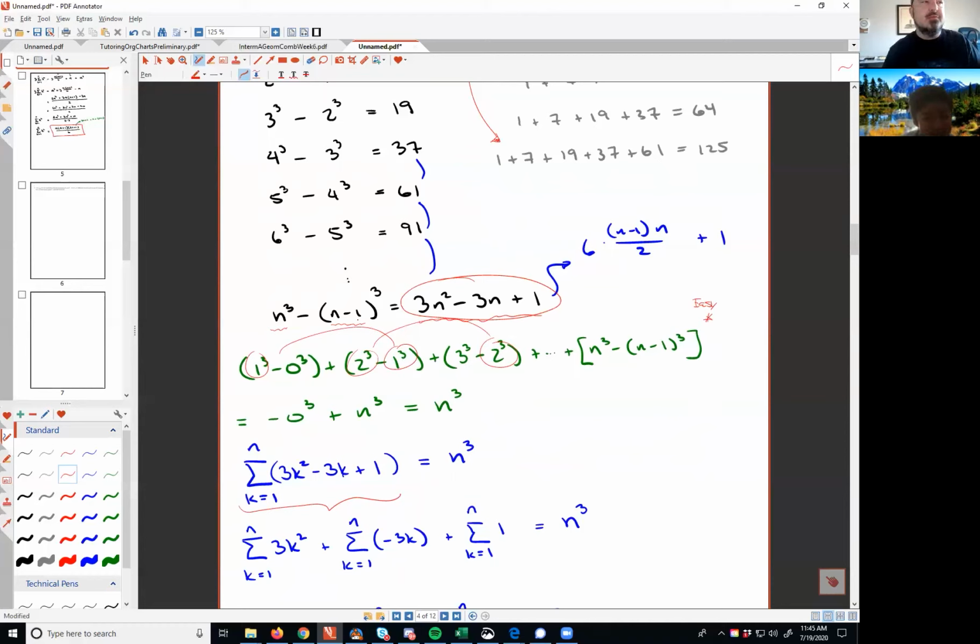And if you do it simply enough, you could do this with n to the 4th minus n minus 1 to the 4th. And if you do, you're going to end up with something with n to the 3rd power.